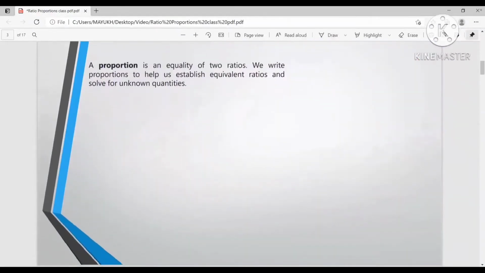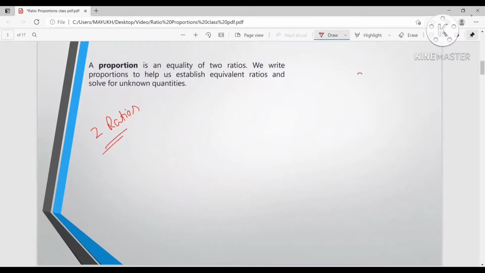Now, what is proportion? We hear about it a lot, proportion of this, proportion of that. Basically, proportion is nothing but when we compare two ratios.